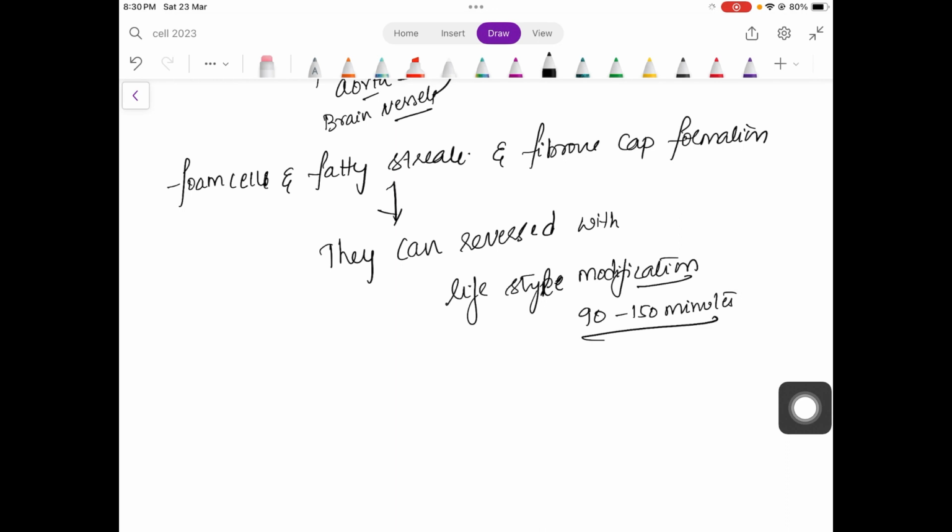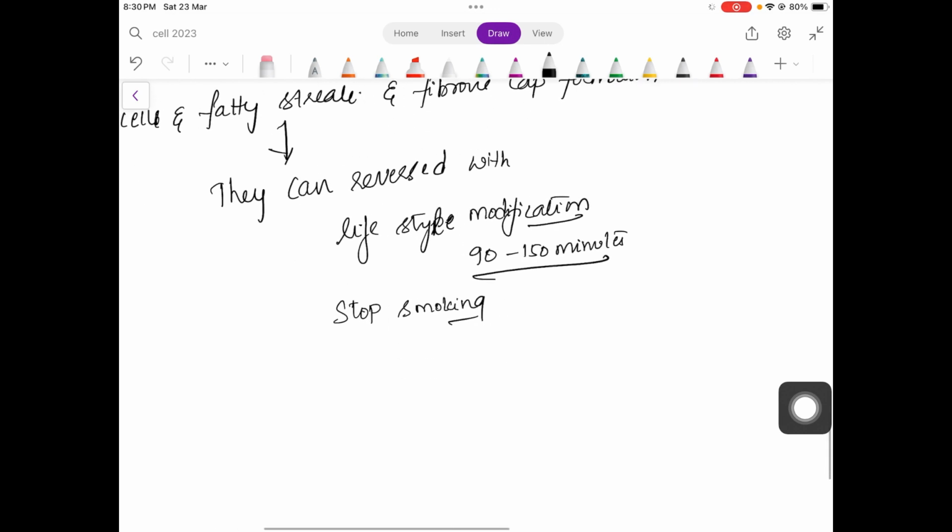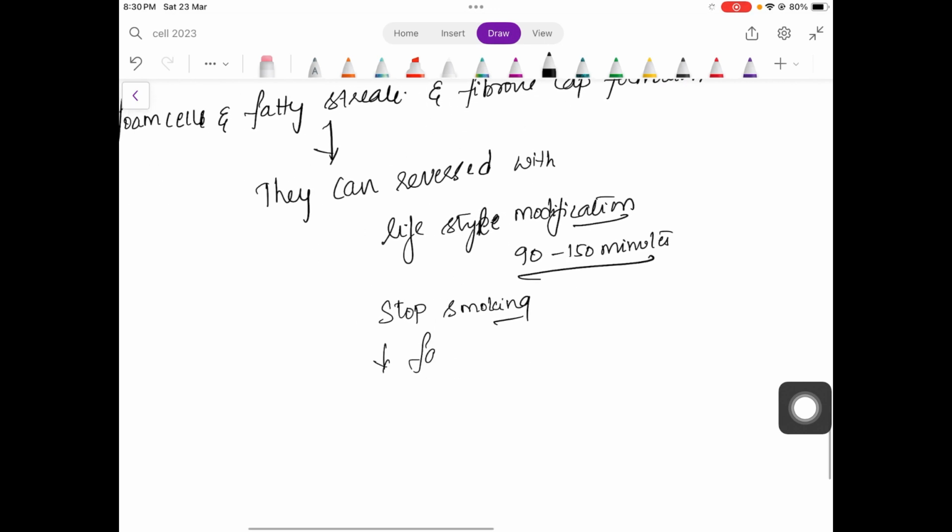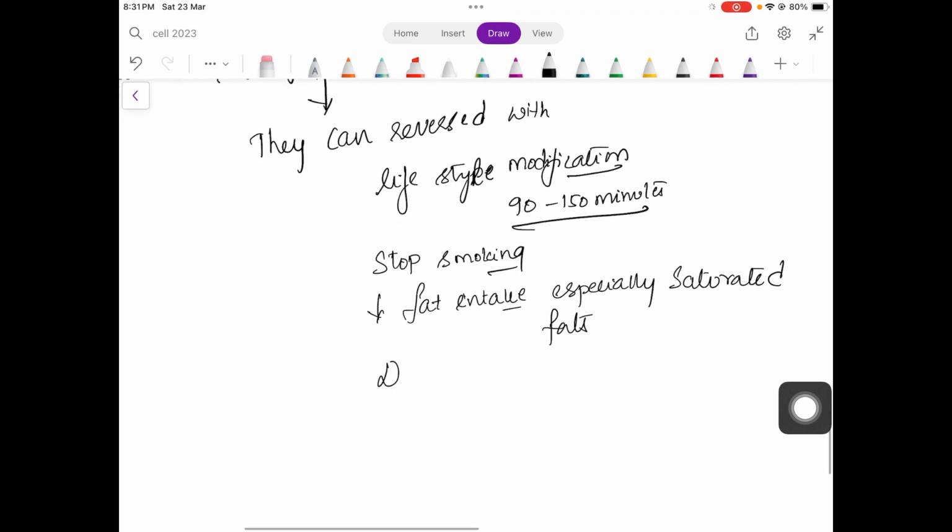And if smoking is there, stop smoking, and you can decrease fat intake, especially saturated fats, and you can use drugs for lowering LDL levels.